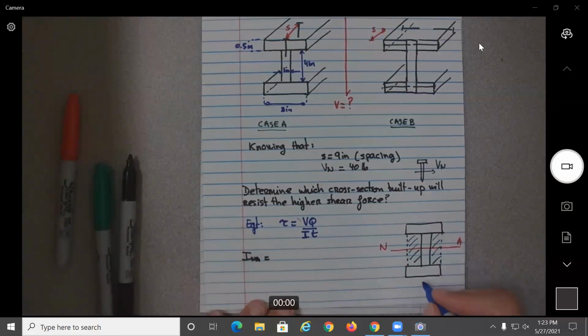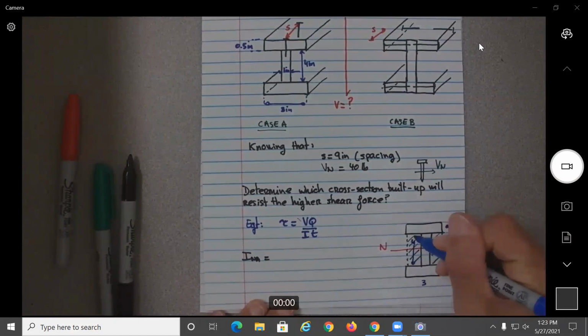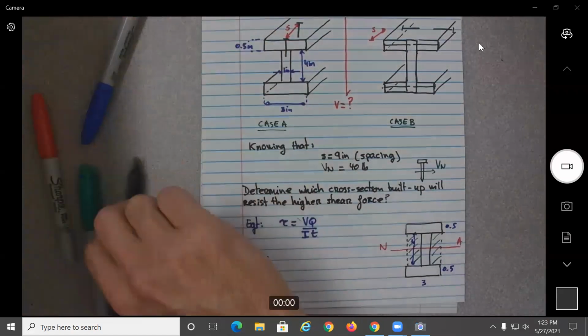Let's see what the base was. It was 3 inches. The thickness of each one was 0.5, 0.5, and 4 over here. So let's see, what will we have?